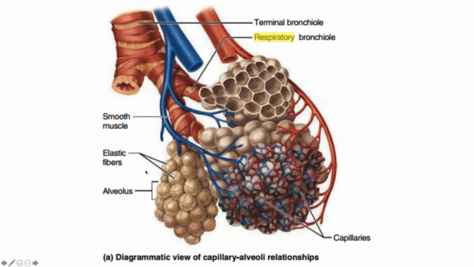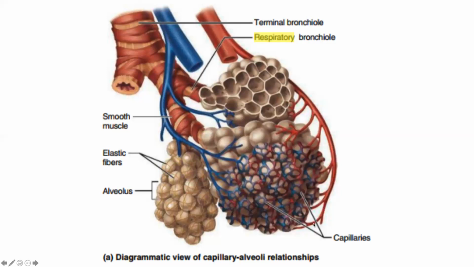So at the alveoli level, inside the alveoli we have air, which we inhale, and outside we have a meshwork of pulmonary capillaries, and at the same time we have elastic fibers. Now, the pulmonary artery becomes pulmonary capillaries, and then the blood gets reoxygenated. There will be exchange of oxygen and carbon dioxide at the alveoli and capillary level.